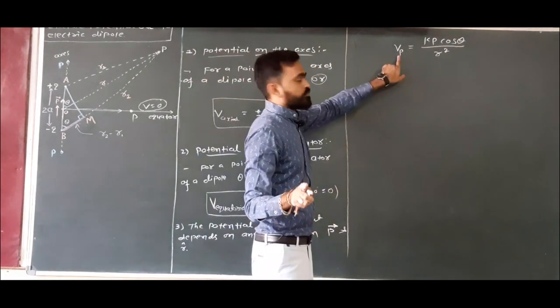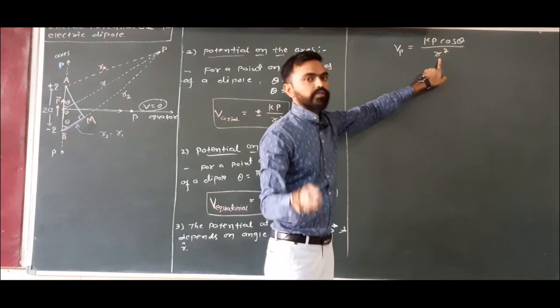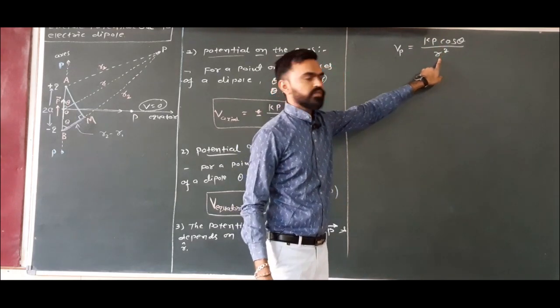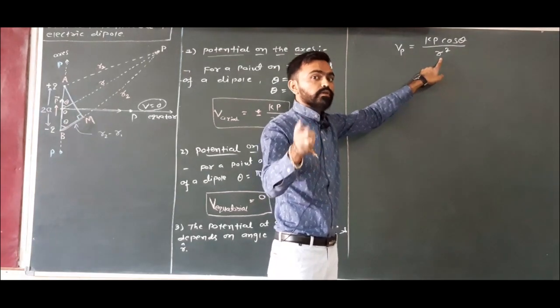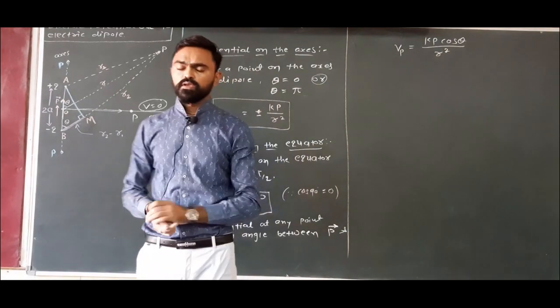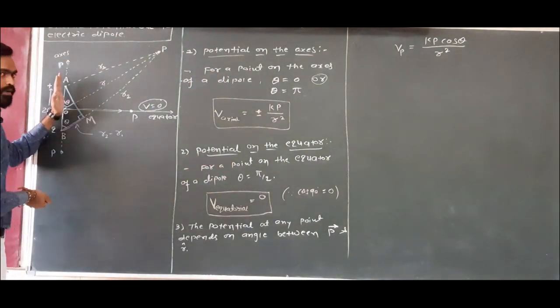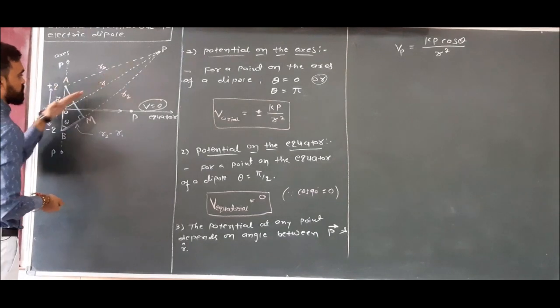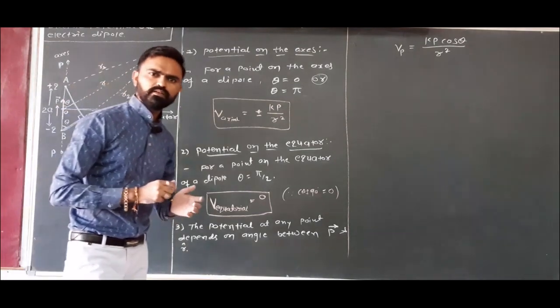The value of V depends on K, the dipole moment P, and is inversely proportional to the square of the distance. But the polarity, whether it is positive or negative, is decided by this angle. You getting my point? Okay. This angle is between what? The angle is between the dipole moment and the distance of the point P from the midpoint. You getting my point? We have already talked about this.